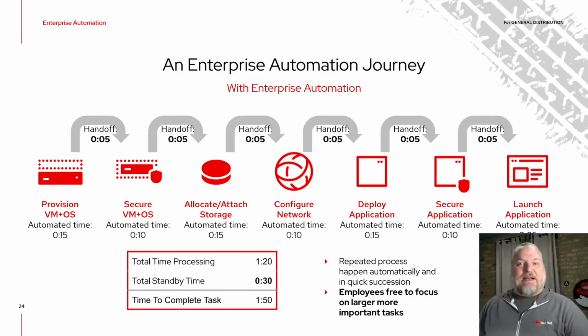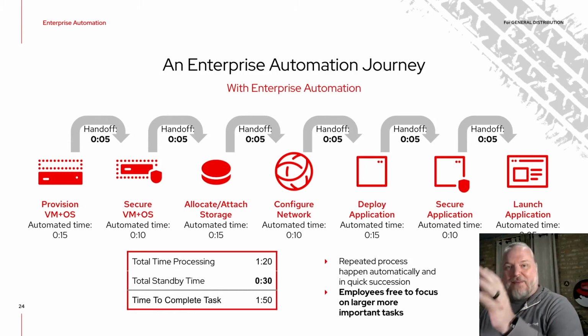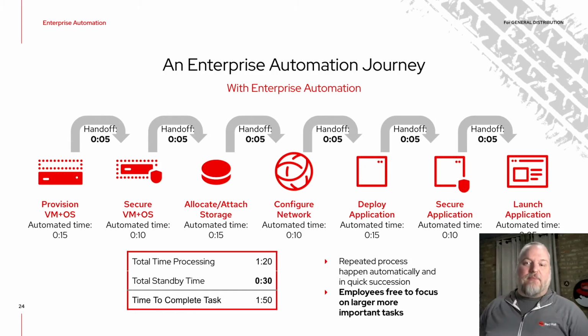Now we bring in an actual enterprise automation tool, like Ansible Tower, for instance. What this helps us do is take all of those different automated processes that people have come up with and chain them together with a workflow. So it takes 5 minutes, if that, to hand off from one process to the next.